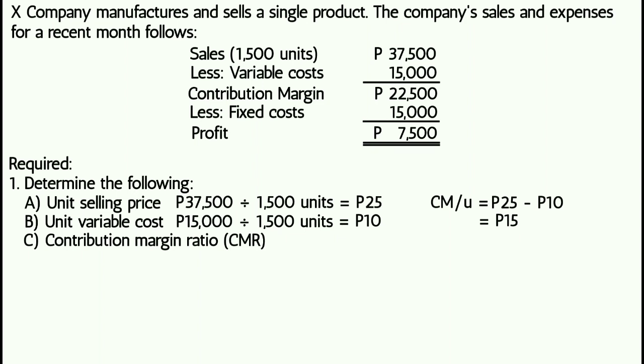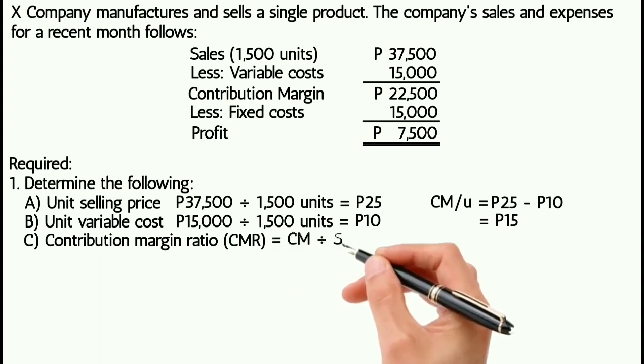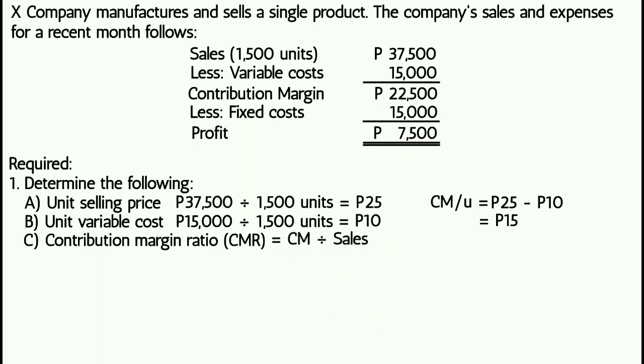Recall that the contribution margin per unit is equal to the selling price per unit minus the variable cost per unit. Next, contribution margin ratio or CMR. Contribution margin ratio or CMR is equal to contribution margin divided by sales.